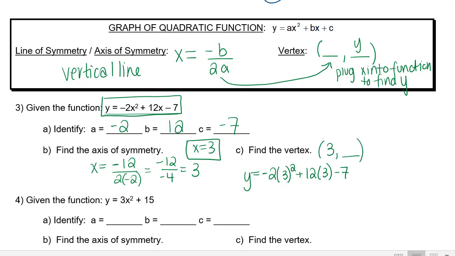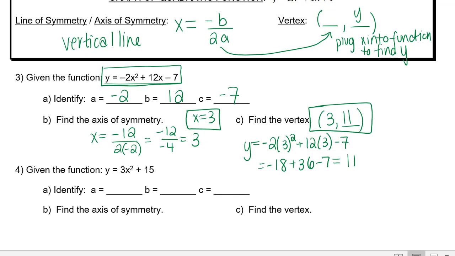Again, going back into that original function. And then I simplify. 3 squared is 9 times negative 2, negative 18. 12 times 3, 36, minus 7. And this whole thing simplifies to positive 11. So that vertex written as an ordered pair is 3, 11.